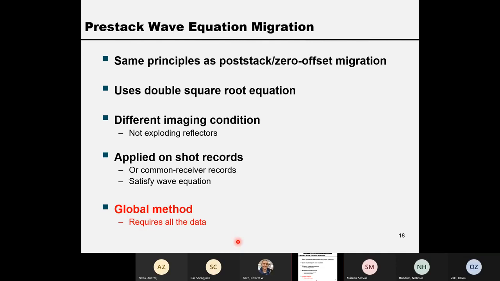For the wave equation-based migration, let me repeat. For the wave equation-based method, we have 3 elements, right? One of the final elements is imaging. Before the imaging, we do need a way to solve the wave equation.